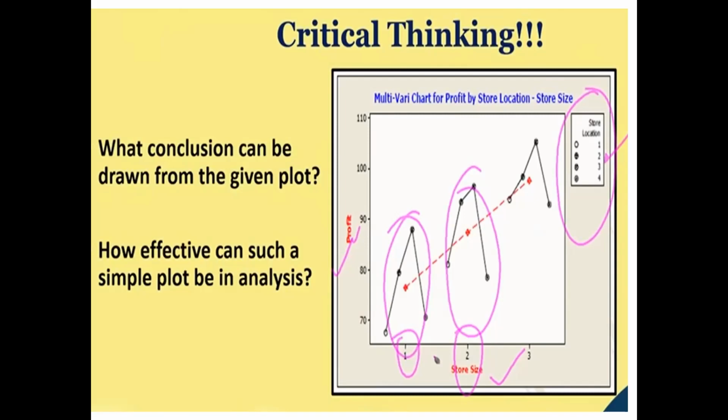So store location might be one variable that we're looking at. Two, store size. Is it 1,000 square feet or 4,000 square feet? What does that look like? So store size, store location, and I can look at a whole bunch of variables and profit all at the same time on the same plot.